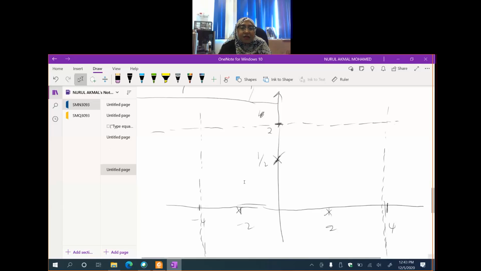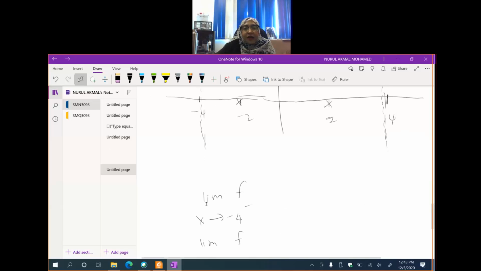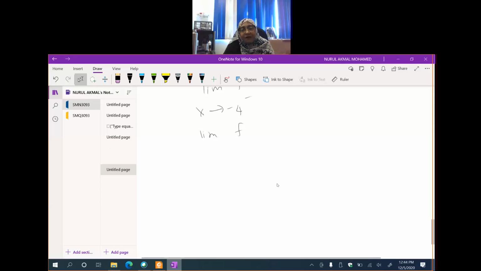We know that it has vertical asymptotes, but we don't know what happens to the graph near this vertical asymptote. So that's why we have to check the limit of f as x tends to -4 from the left, and the limit of f as x tends to -4 from the right.